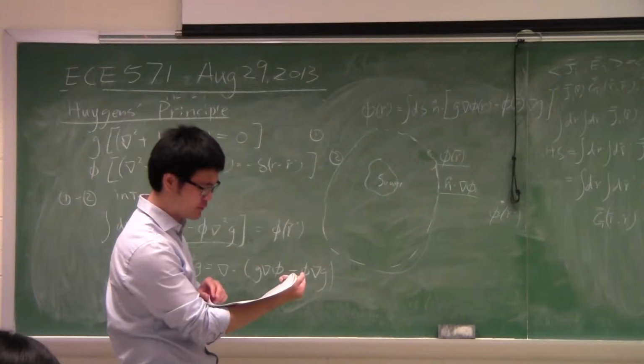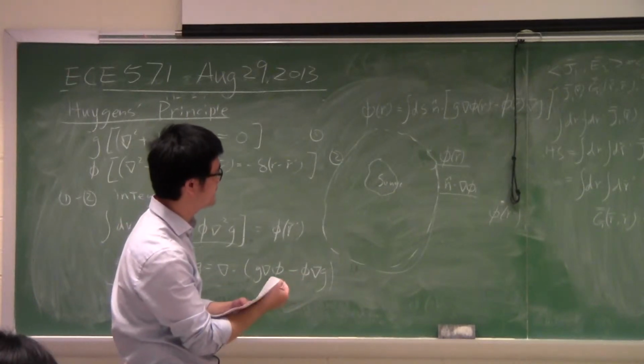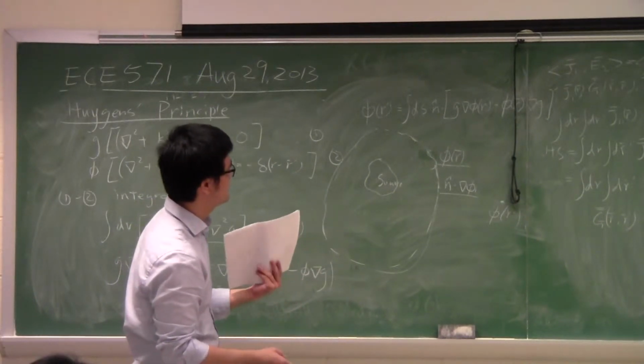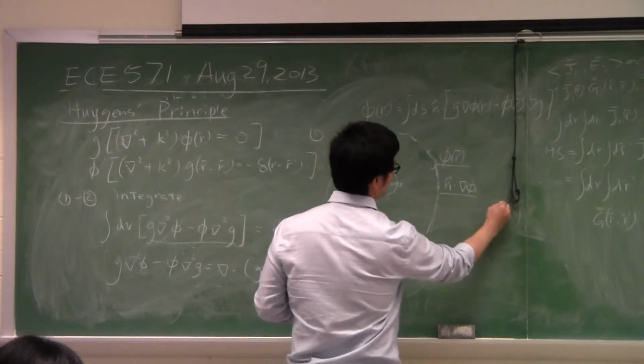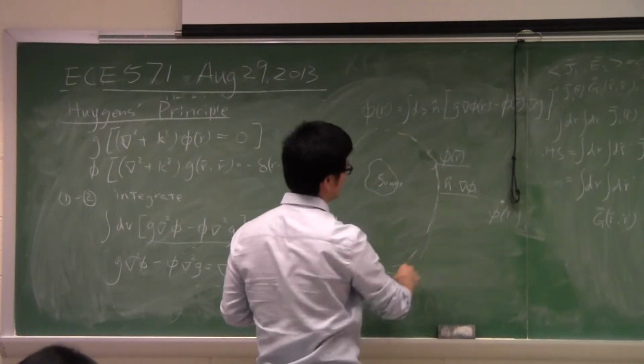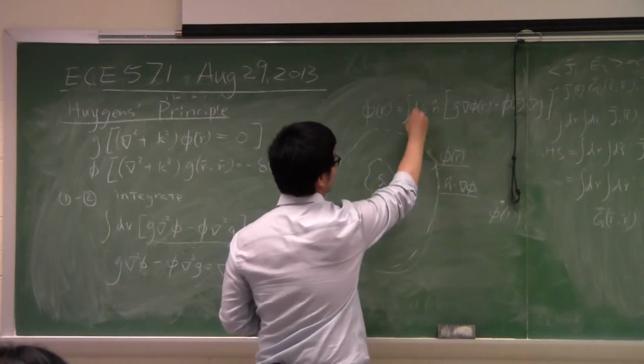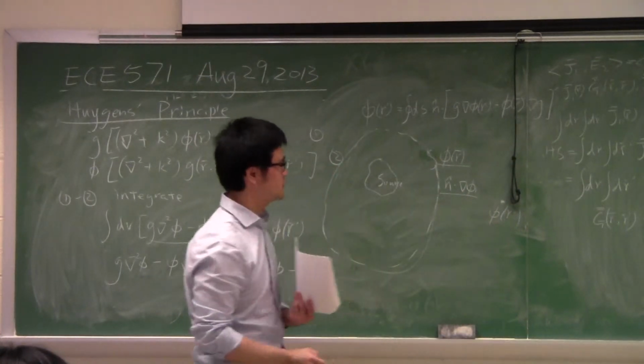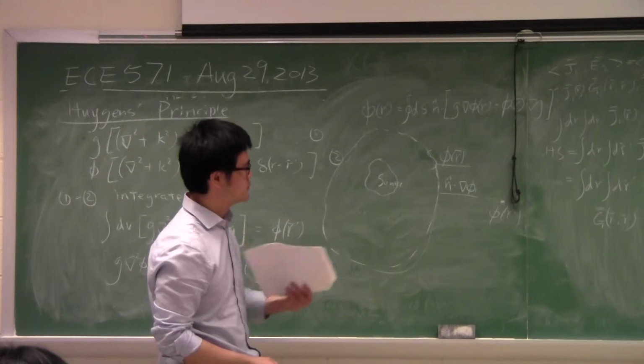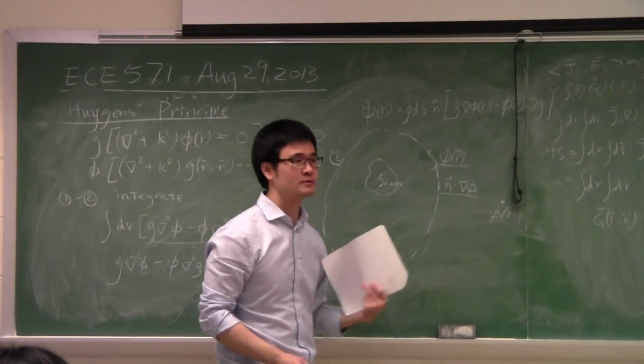But if you're careful, you may wonder why we can find the source point here only using this surface, because this surface needs to be closed, right, to include this point.